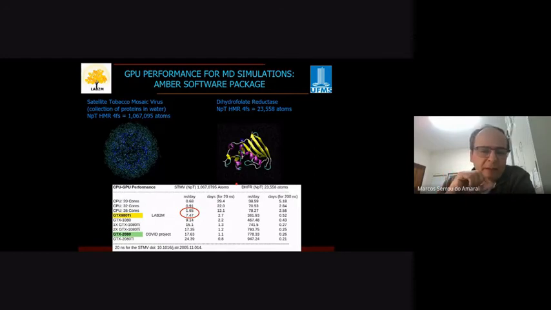Last month we submitted a project for the COVID virus. It's a pretty simple project to simulate one of the possible proteins for this virus.